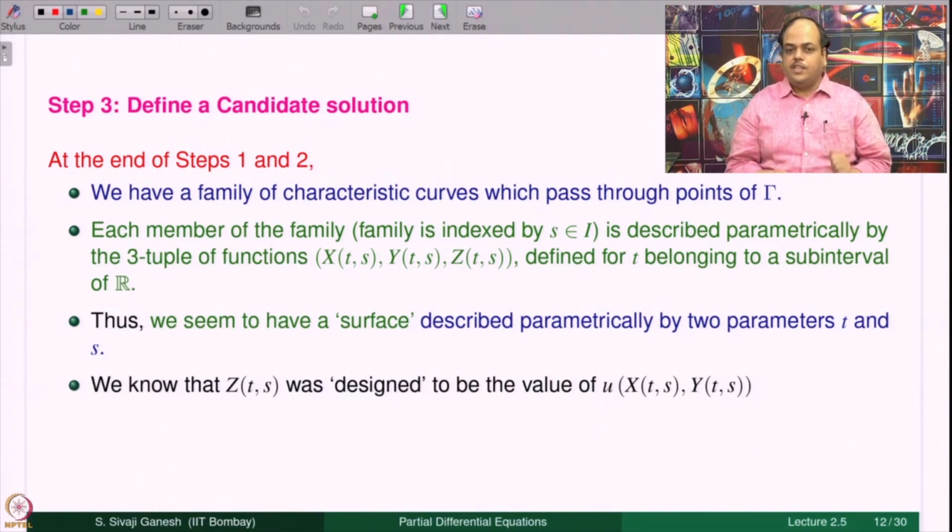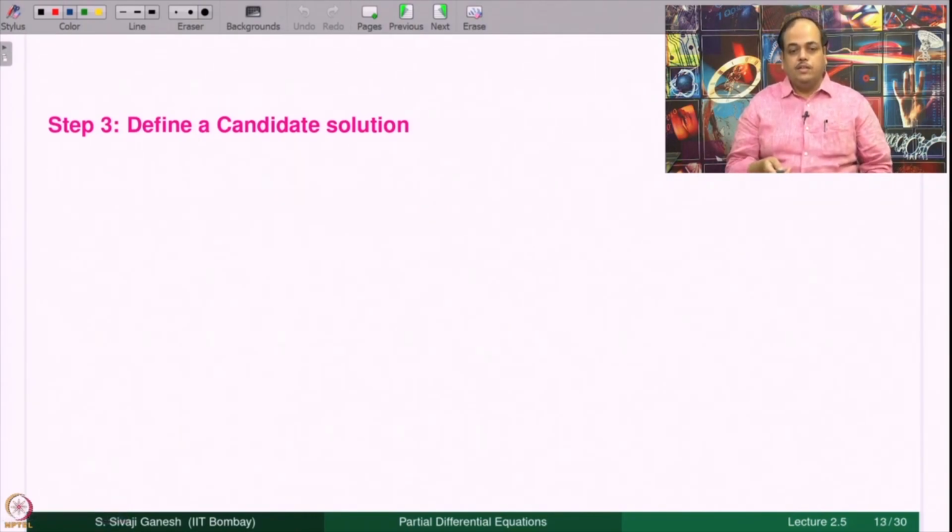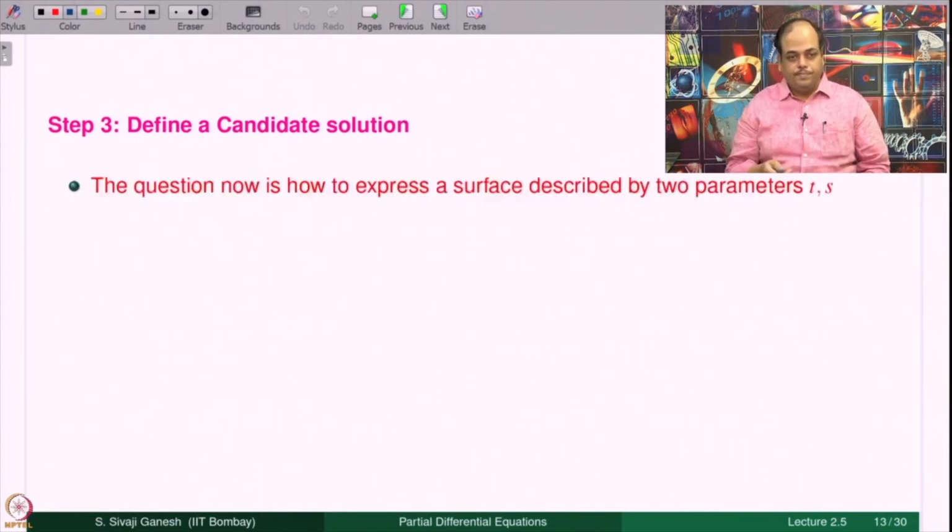We know that z(t,s) was designed to be the value of u of x(t,s), y(t,s), where u is a solution to the PDE; u was not known. We thought there was a u and then we set z(t,s) as u of x(t,s), y(t,s), then we got an equation for z thinking that u is a solution to the PDE. So, u still has to be retrieved, that is what we are saying here: define a candidate solution.